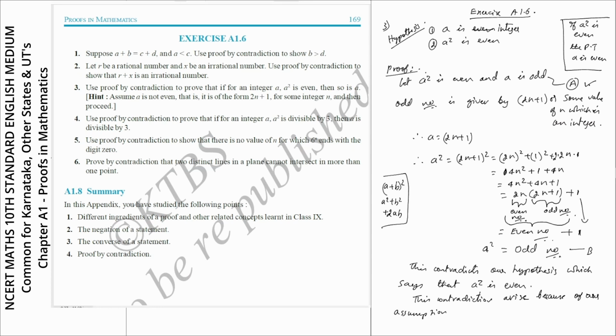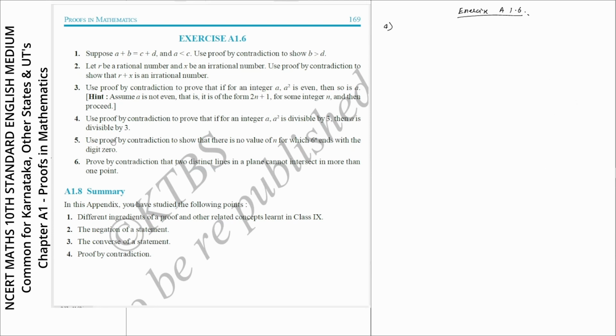So this contradiction arises because of our assumption that a is an odd number, which is not correct. Therefore a is an even number. a is an even number if a square is even. And that completes the proof.